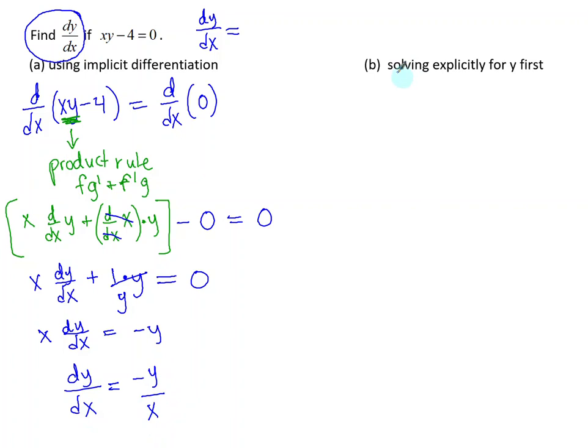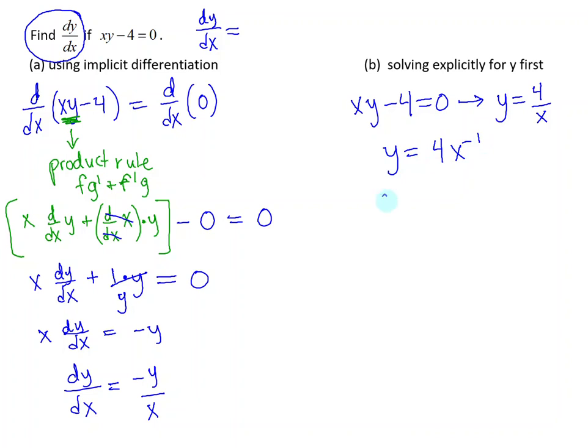What does it look like if first we solve explicitly for y? So remember, xy minus 4 equals 0 leads us to y equals 4 divided by x. I would prefer to not have to use the quotient rule, so I'm going to bring the x up and rewrite this as y equals 4x to the negative 1 power.